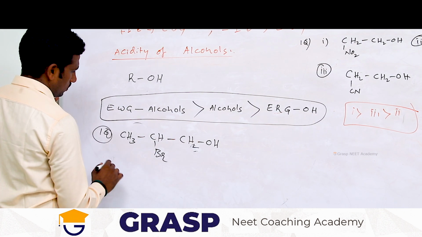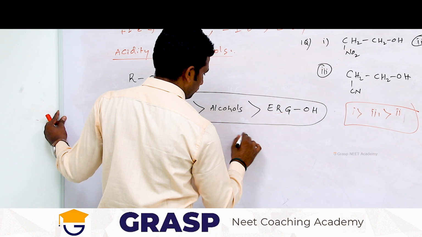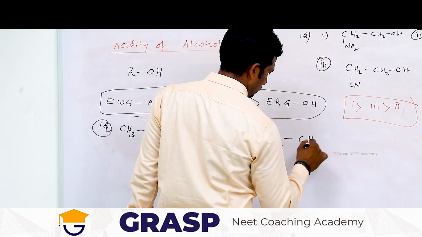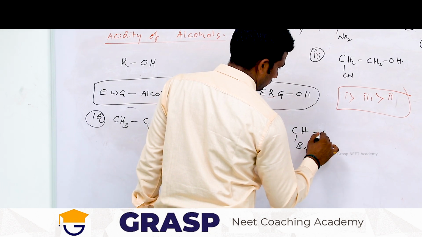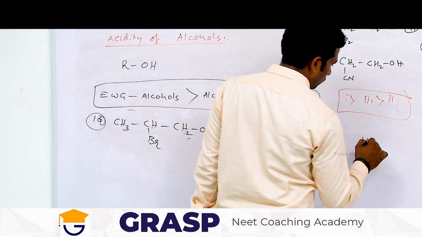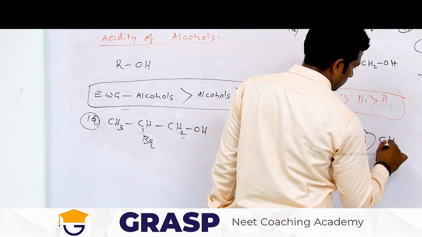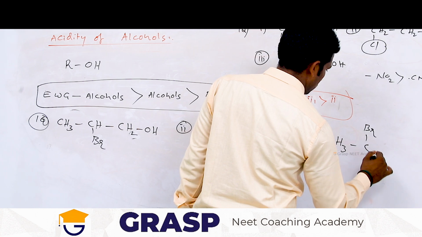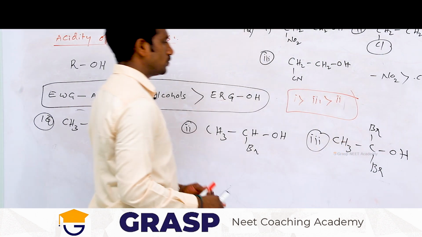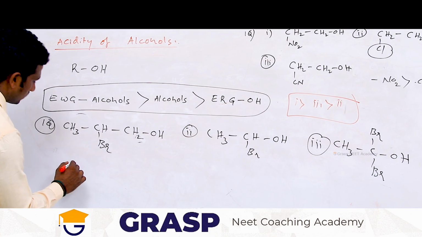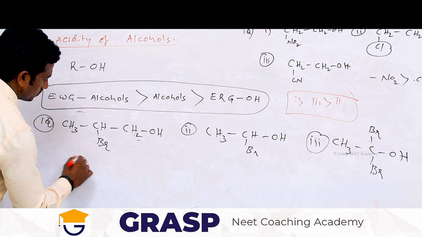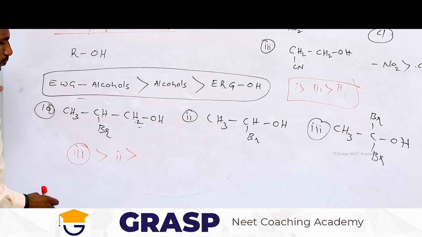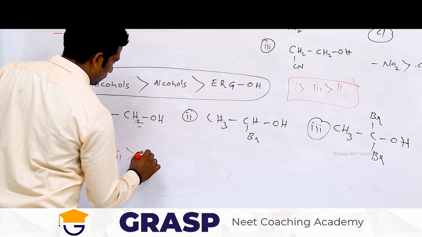The second compound is CH3 CH(Br) OH, and the third is CH3 C(Br)(Br) OH. Which one is more acidic? The third one is more acidic because there are two withdrawing groups. Then the second one, because it is near the OH group attached carbon. Then the first one.